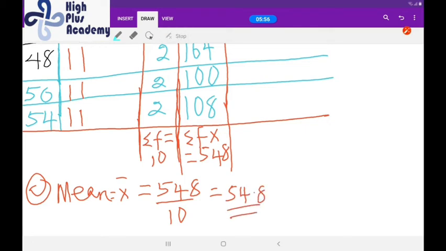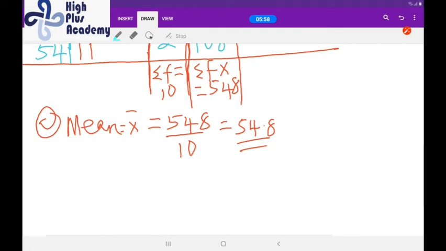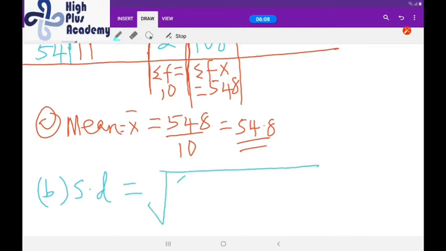Now the next question says we should calculate the standard deviation. Question B, standard deviation. Standard deviation is the square root of variance, and the formula is simply summation f into x minus x bar, squared, over summation f. Once you know the formula, you can know how to maneuver the table. So we need to do x minus x bar, square it, then times f.